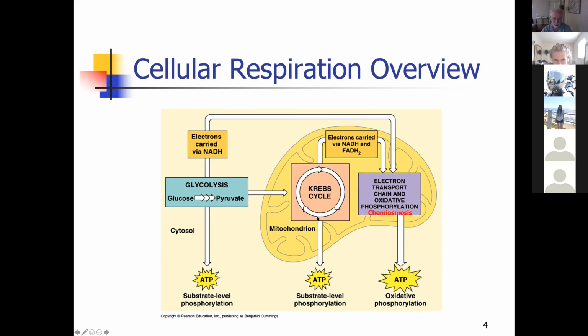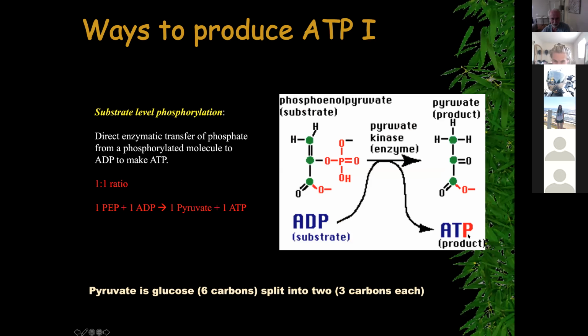Also in the Krebs cycle, there is another substrate level phosphorylation, which produces another ATP. These are relatively minor amounts of ATP. The major source is oxidative phosphorylation, followed by chemiosmosis. That produces the bulk of ATP. And Patrick, we'll get to the stoichiometry of this in a later slide. So this is the overview of what happens.